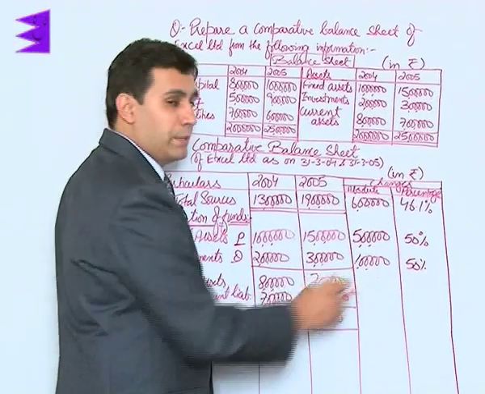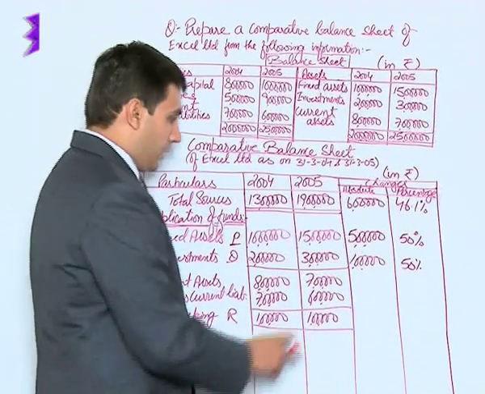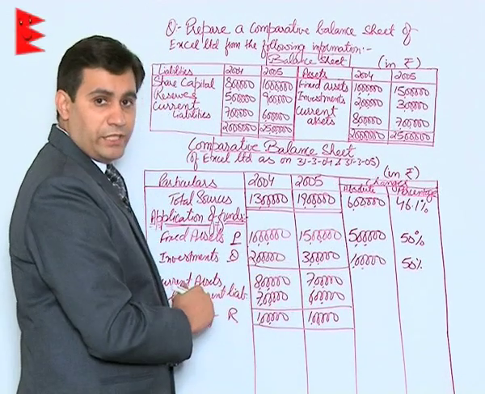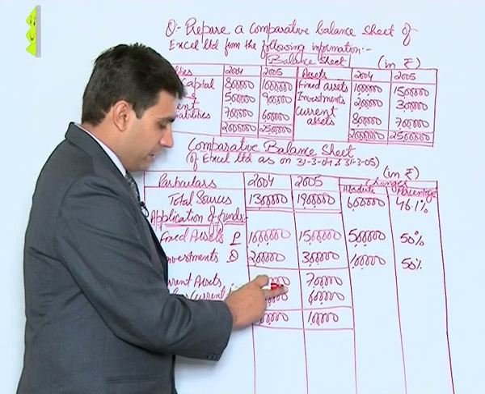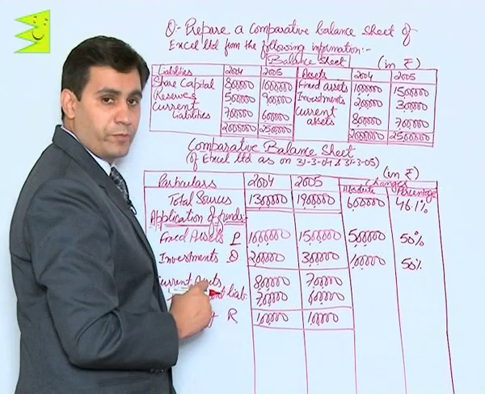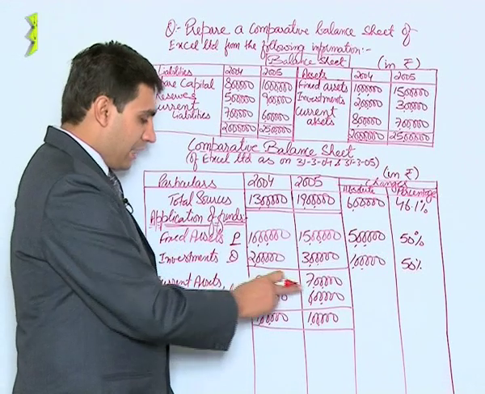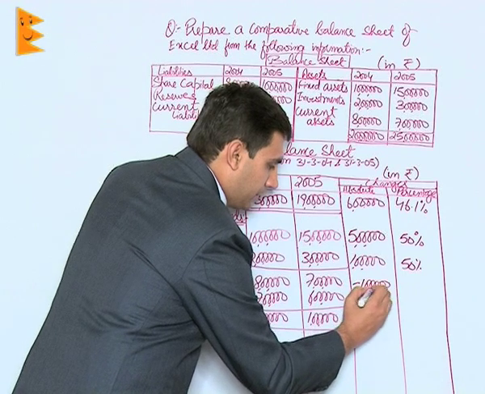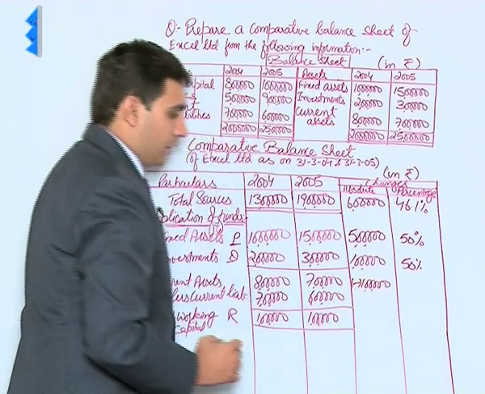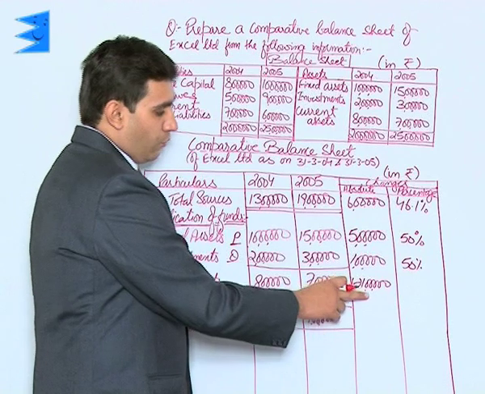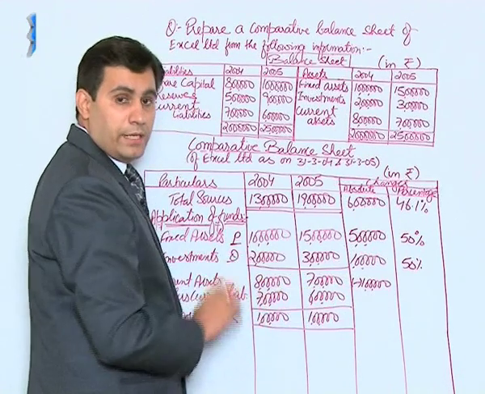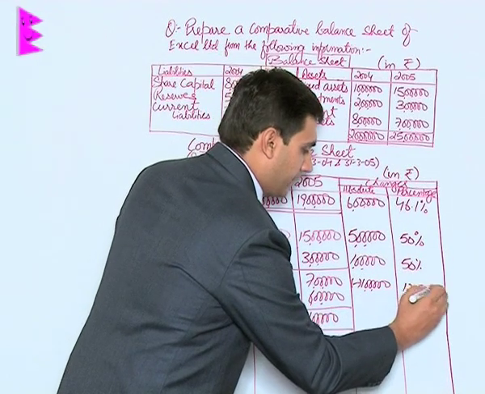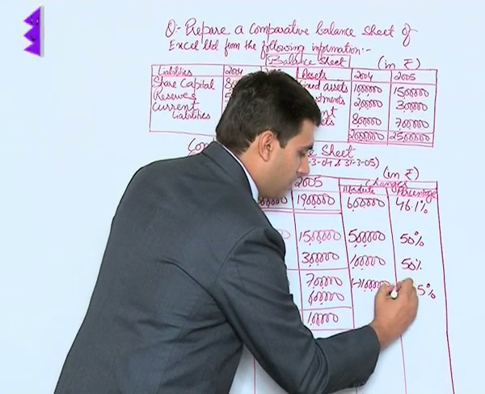Let us calculate absolute and percentage change for these figures. In case of current assets, there is a decrease of 1 lakh, because in previous year they were 8 lakhs and now we have current assets of rupees 7 lakhs. So 7 lakh minus 8 lakh would be minus 1 lakh. The percentage change would be 1 lakh upon 8 lakh, which approximately comes to 12.5%. Since it is a negative change, I will mention minus sign here.